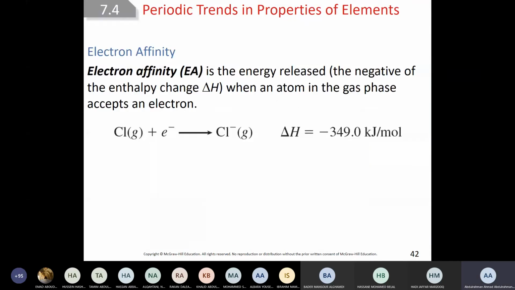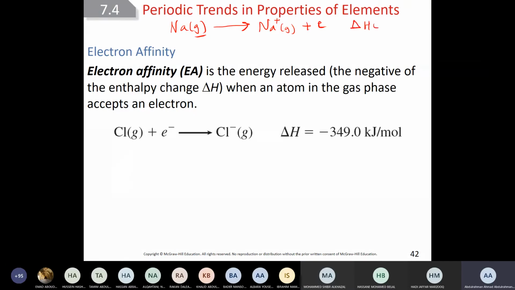Next, we just defined ionization energy, right? What's ionization energy? The minimum energy required to take an electron from that atom. But it should be in what state? Gaseous state. It must be gas. What would you call this energy?